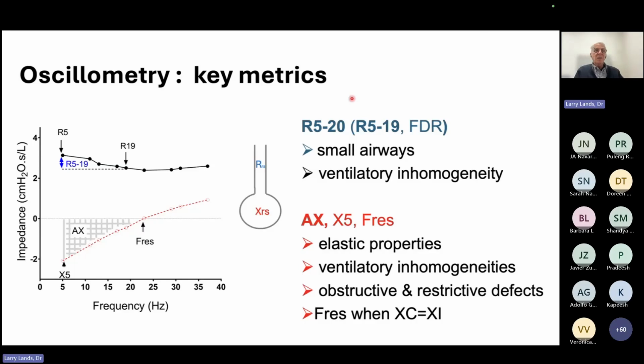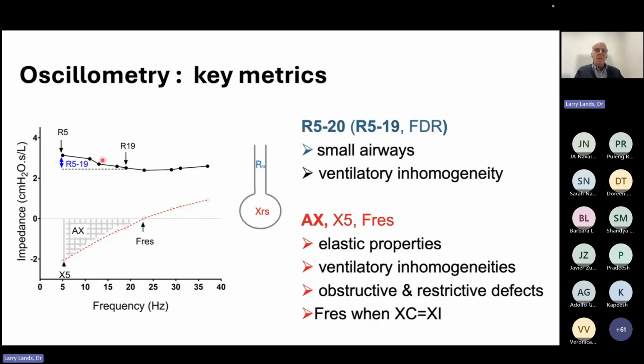From this, you can get resistance. This is the resistance curve versus frequency. You can get resistance at low frequencies. Typically for school-age children, we will start with a resistance at 5 hertz. For younger children who are breathing quickly, we might use a resistance at 7 hertz.